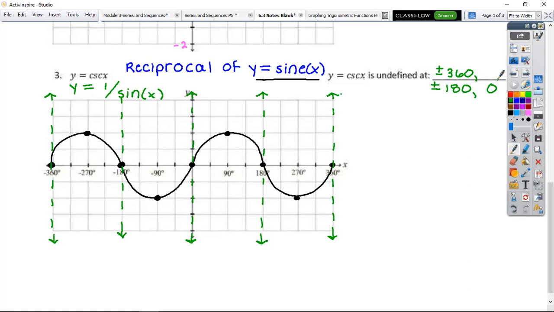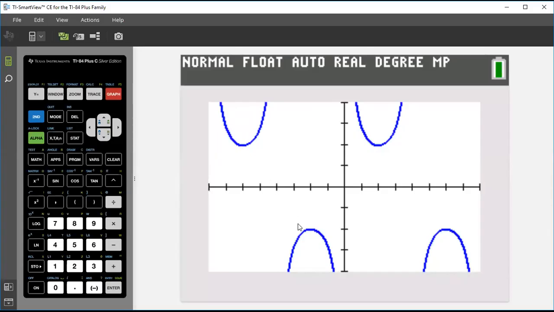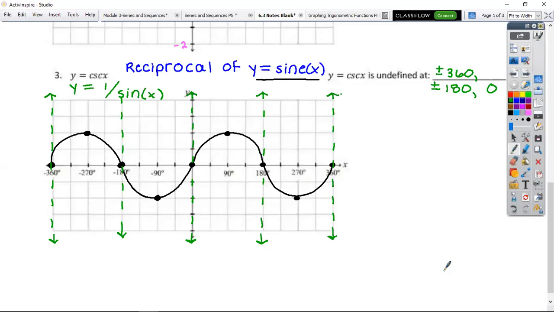Now if you create your picture, what you're going to notice is a little, I don't know if I want to call it a pattern, but when you go back to your calculator, you're going to see right here, this value that I'm hovering on, that is equal to 1, and this one is equal to negative 1. And it's going to kind of go the opposite direction of that sine curve that's on your paper. So my cosecant graph, I'm going to do this one in blue.